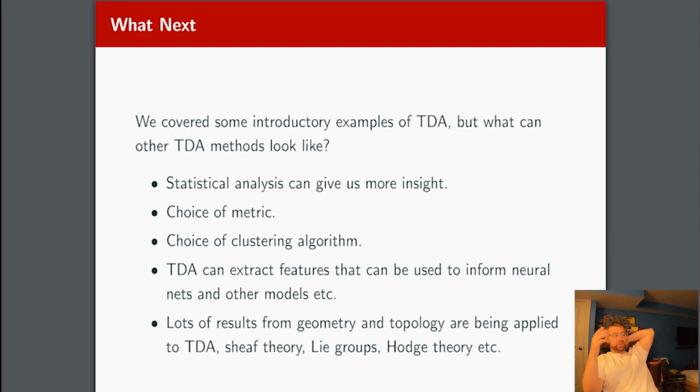Even Lie groups and certain Lie group actions are interesting, looking at how these things change or if they're invariant or equivariant under Lie group actions. And then even crazy stuff like some Hodge theory and more algebraic geometry is being used in TDA. So yeah, it's still pretty young, but it's showing really strong promise.